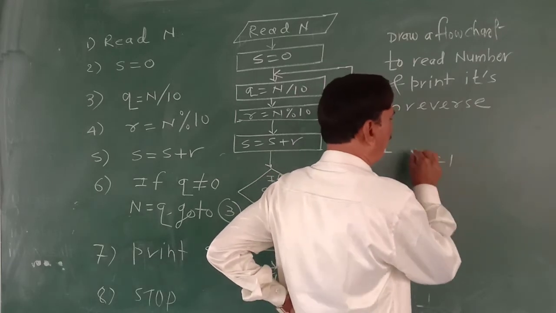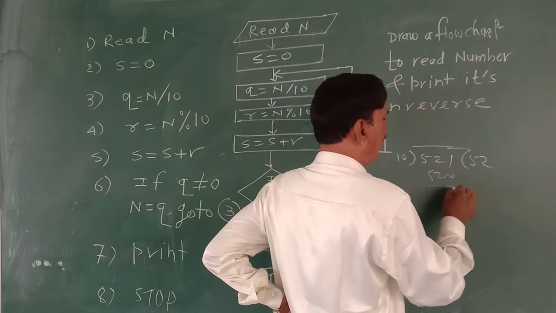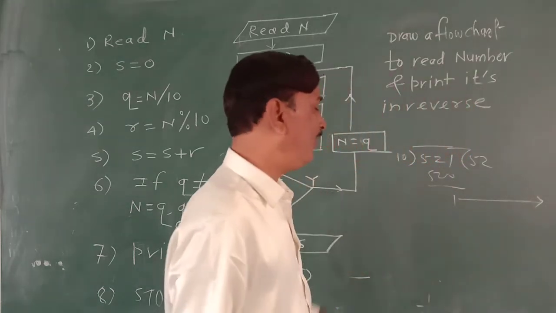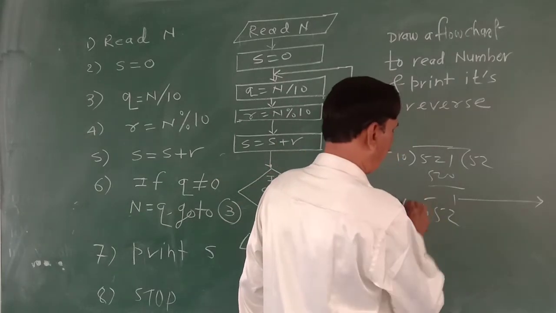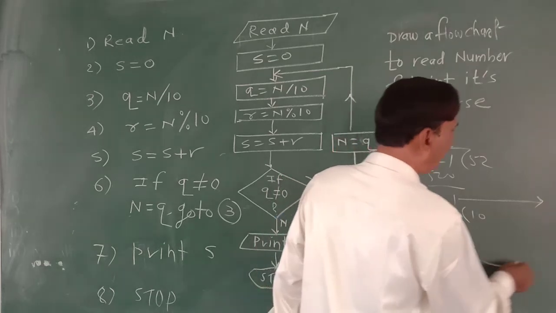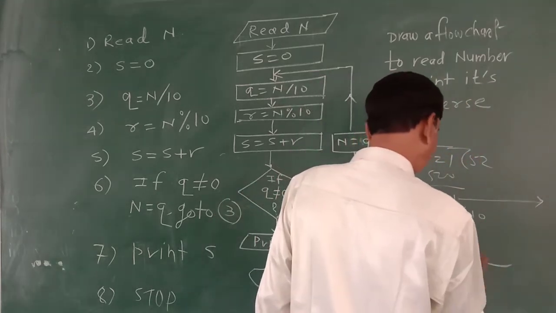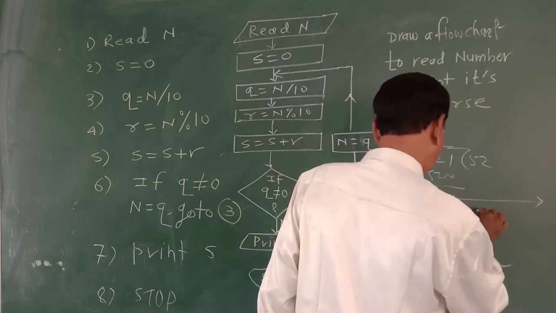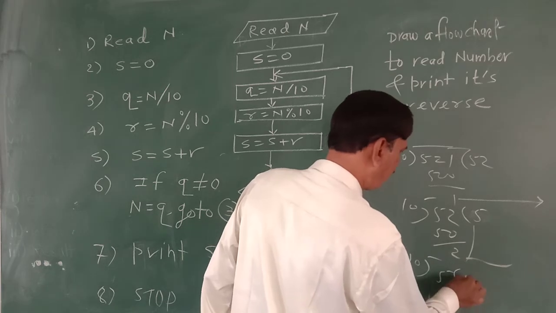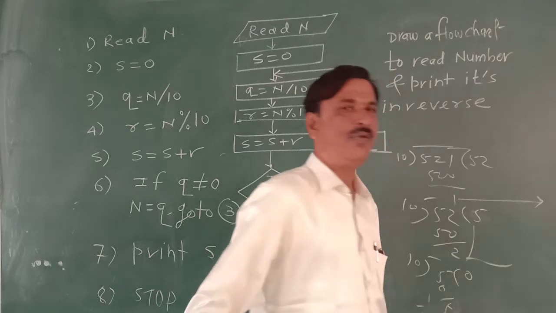For 521, if divided by 10, the quotient is 52, and the remainder will be obtained as 1. So if 1 is printed, then 2 will print, and last 5.